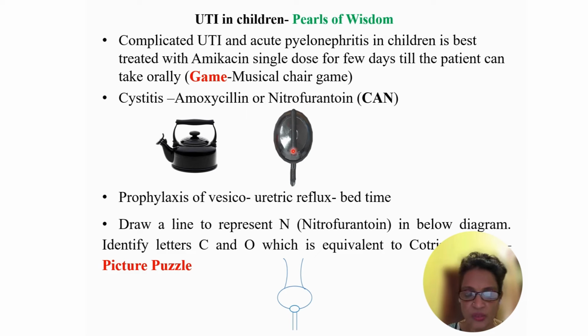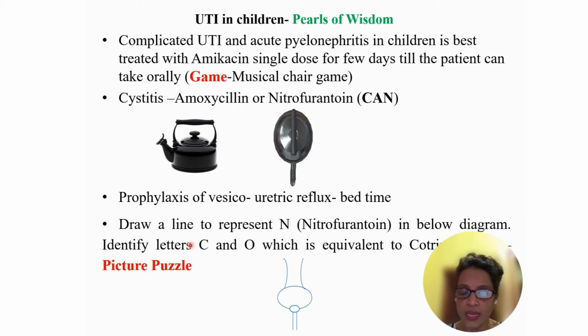Now for prophylaxis of vesico-ureteric reflux, which is one of the commonest congenital disorders of the urinary tract. To prevent urinary tract infection in these children till it is repaired, we need to use certain antibiotics. What are these antibiotics?